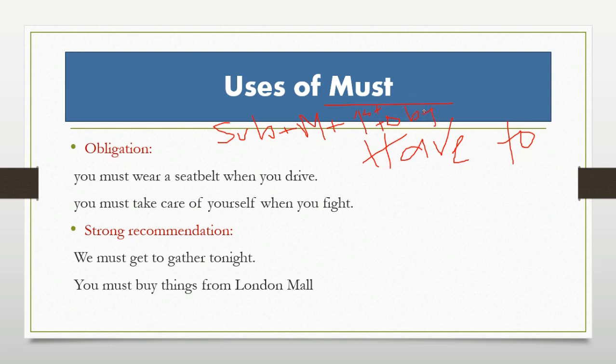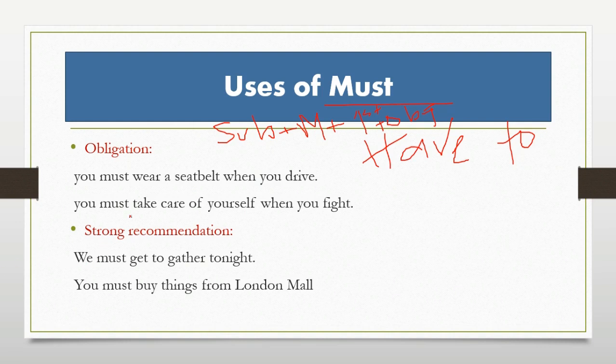So it is a structure or formula. You must wear a seat belt when you drive. You must take care of yourself when you fight. So here is the obligation. You are telling someone about an obligation, so in that case you have to use must.